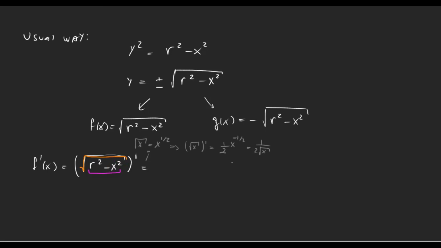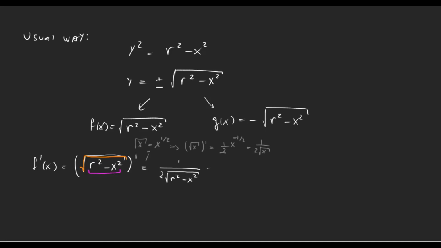So this will give us the derivative of the square root is going to be 1/2 times the square root of whatever is inside, so r squared minus x squared, and now times the derivative of what's inside, and that is minus x squared.